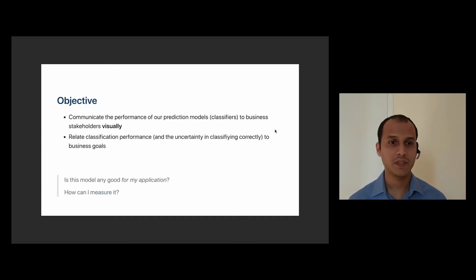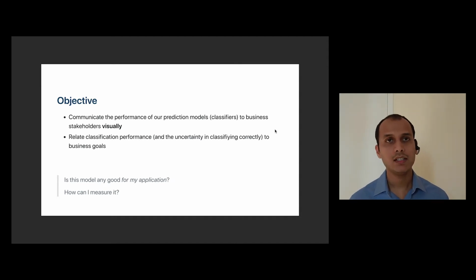So what's the objective? The objective, as I mentioned before, is to communicate the performance of our prediction models, and we're going to focus on classifiers here, but it also holds equally well for regression models and so on, to business stakeholders, and we want to do it in a visual way.